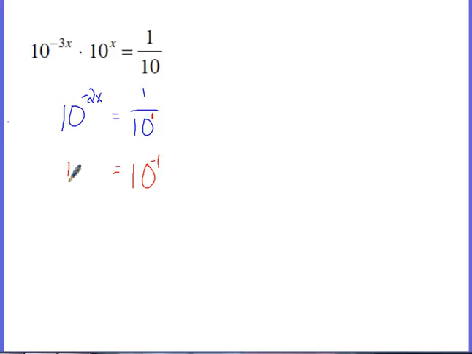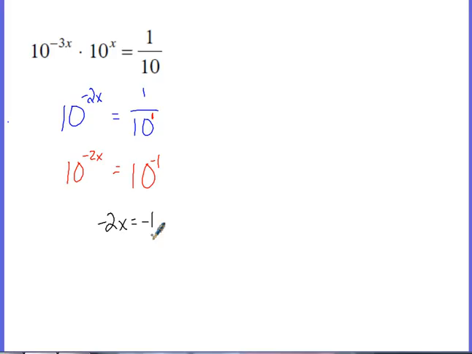Does everybody see how that worked? 10 to the negative 2x. So 1/10 is really 10 to the negative 1. Okay? Now are my bases the same? Yes. Now that my bases are the same, I can get my new equation, which says what? Negative 2x is equal to negative 1.